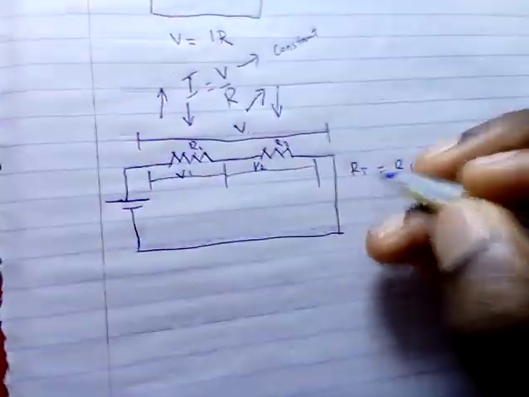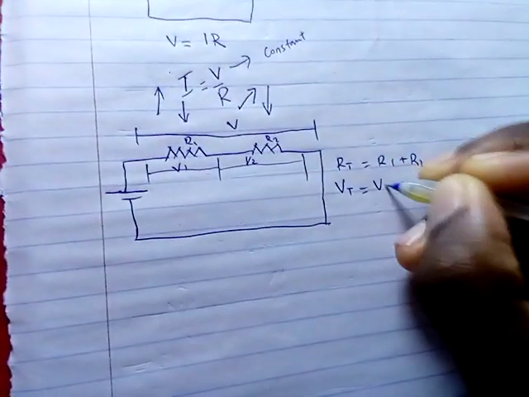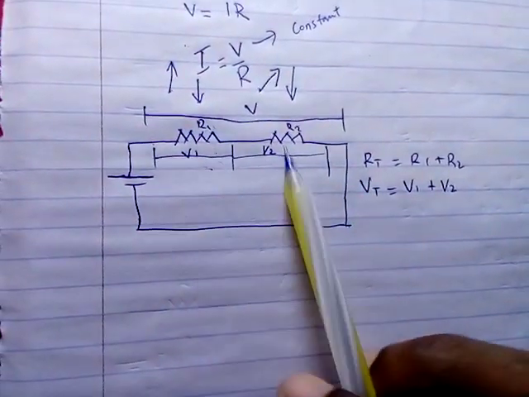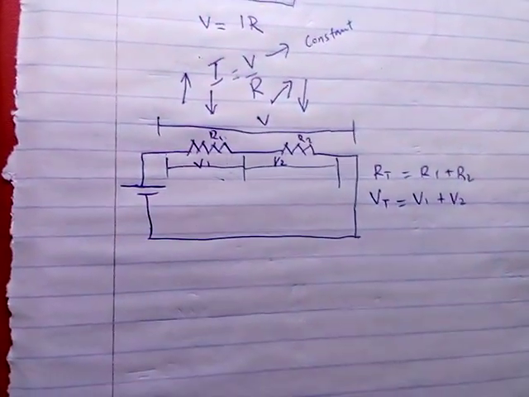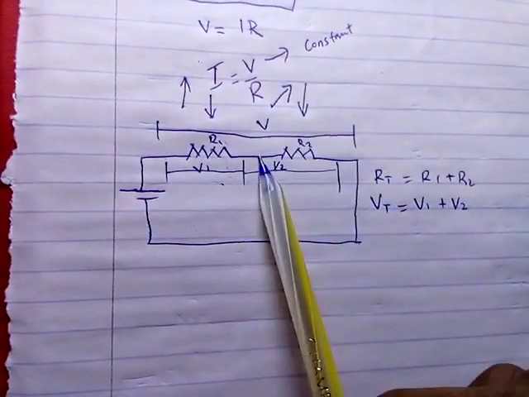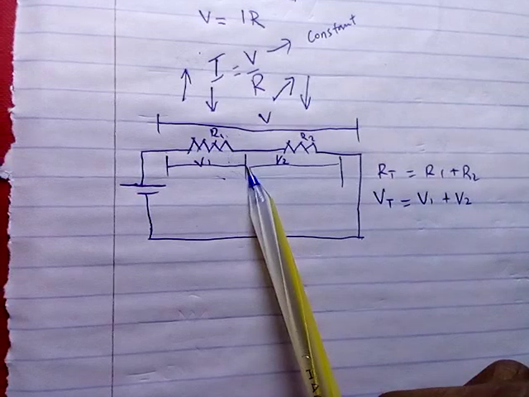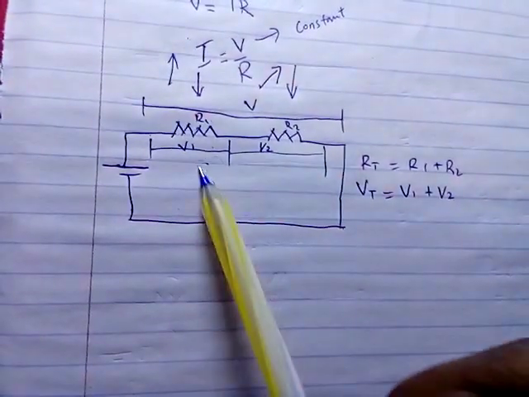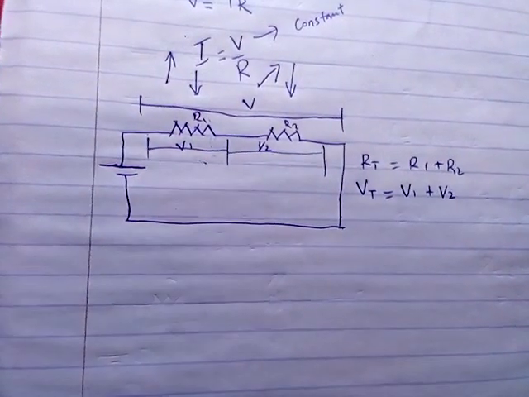So V total will be equal to V1 plus V2. To get the total voltage in this circuit, we sum up voltage 1 plus voltage 2. This sum must equal the input voltage.